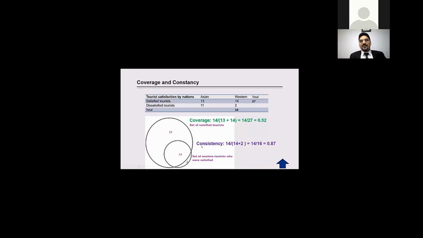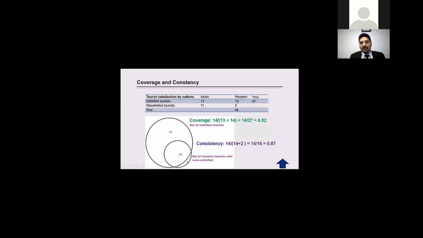But what about the consistency? Consistency, as I mentioned, measures the proportion of the cases that are consistent with the outcome. Look here, Western satisfied tourists, the number is 14, and the total number of Western tourists is 16.